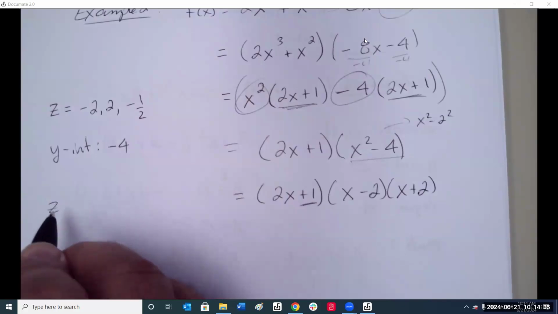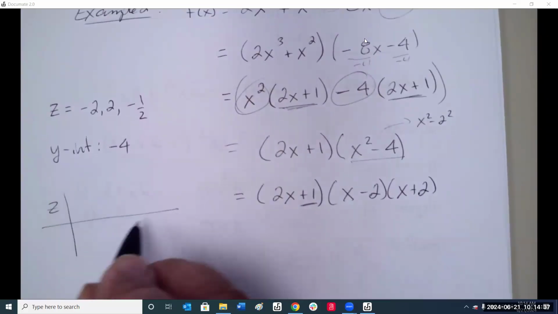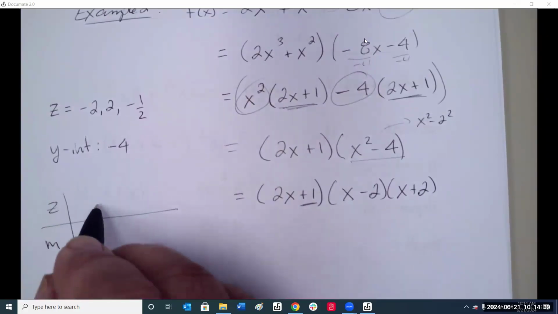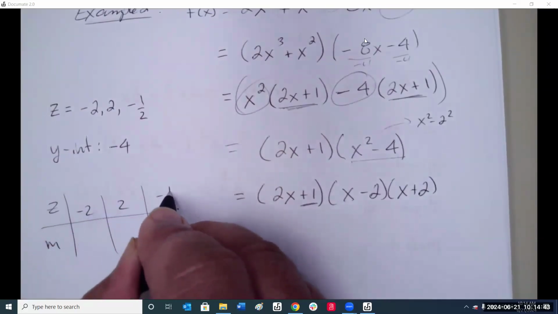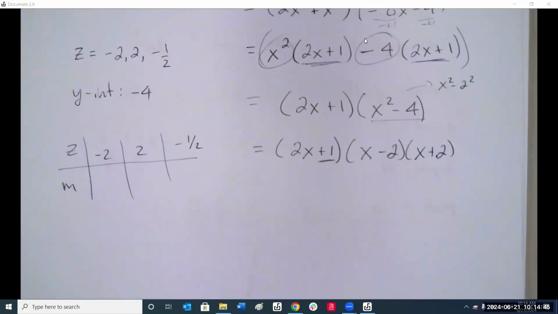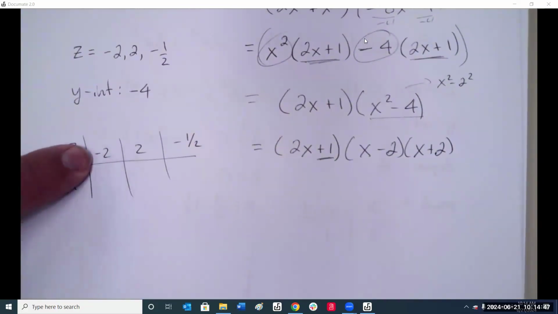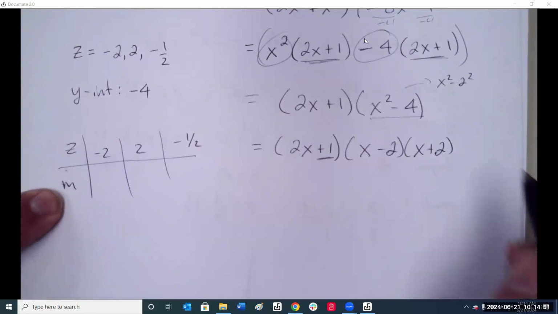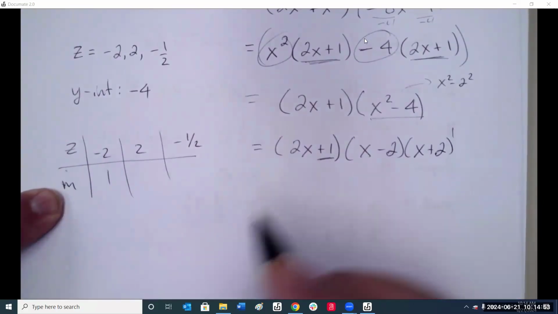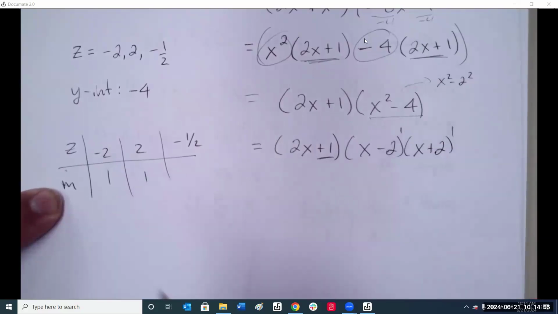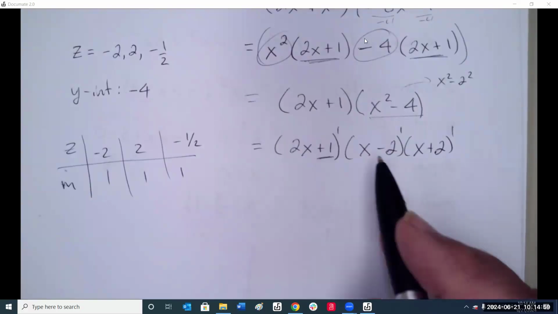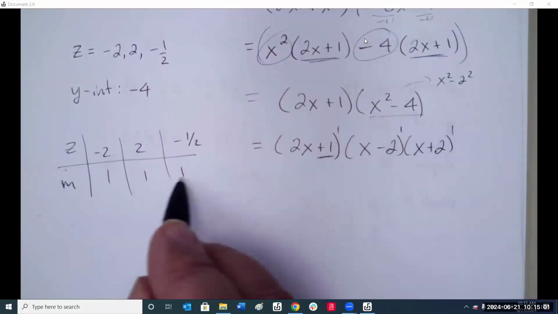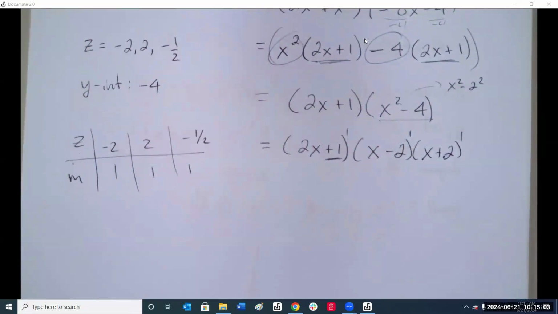Okay, so in the multiplicities, we have the zeros and the multiplicities. So at -2, 2, and -1/2, what are their multiplicities? At the -2 multiplicity, what is? Right, because if we add all three of them, we get 3, which is the degree.